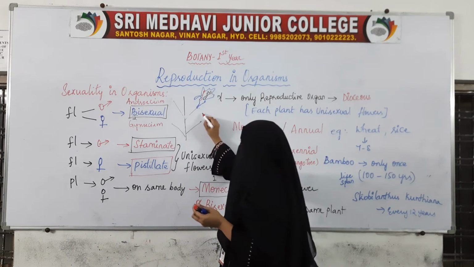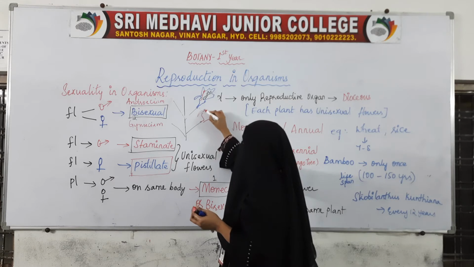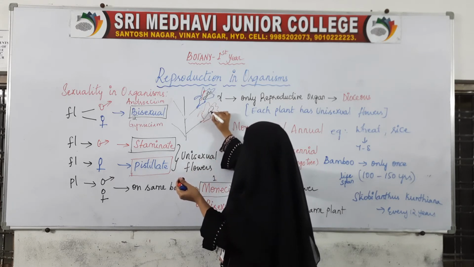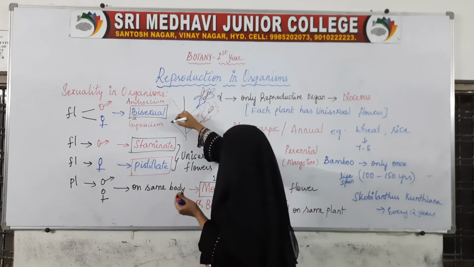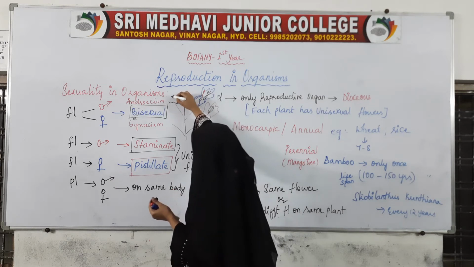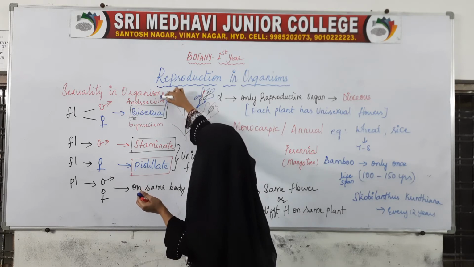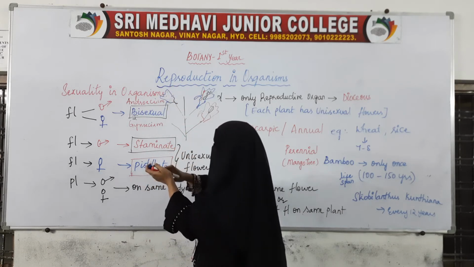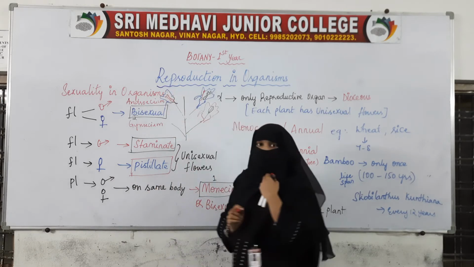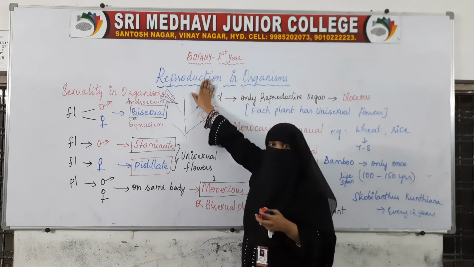On the same plant, this is the thalamus, the calyx, the corolla, and on this flower only stamen is present, and here we have the calyx, corolla, and gynoecium. It can be like this also.